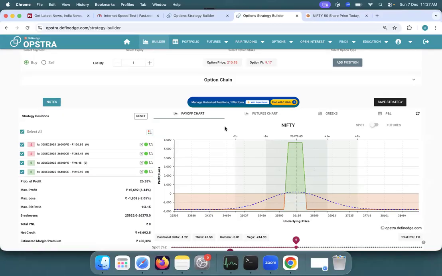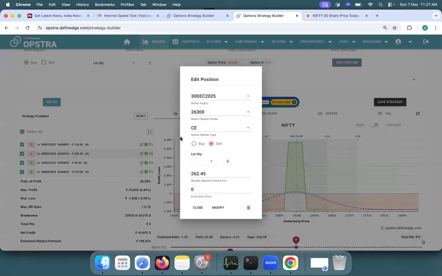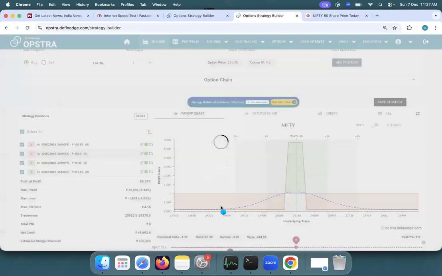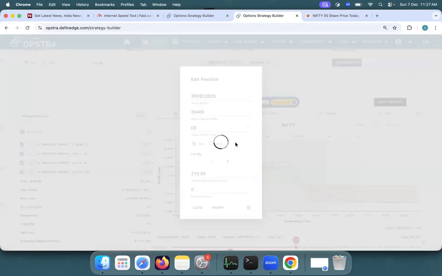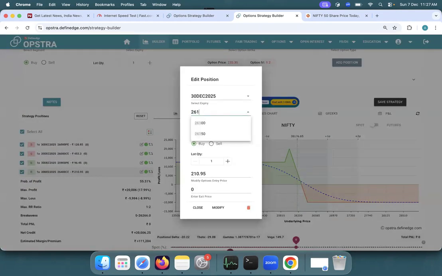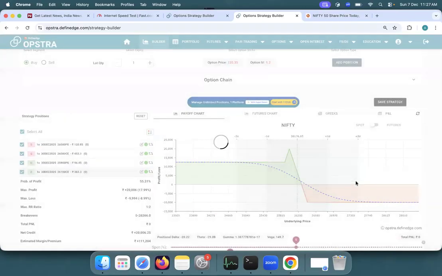Now you would have also heard about iron fly. Iron fly is nothing but you sell call and put at the same strike price. So we sold a put at 26,000. We'll also sell a call at 26,000. And then let's say we will buy a call of 26,100.